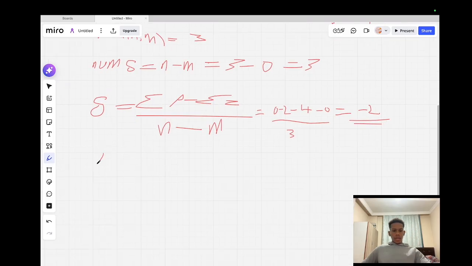And the angle. The angle is equal to (2k plus 1) times 180 over n minus m. So we need 3 alphas here.